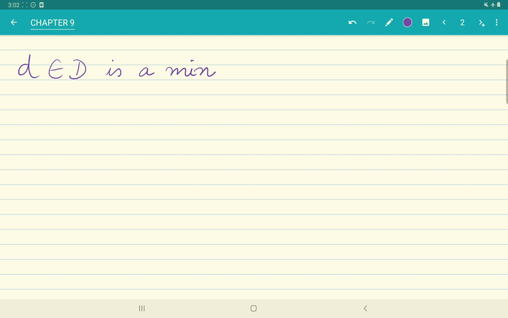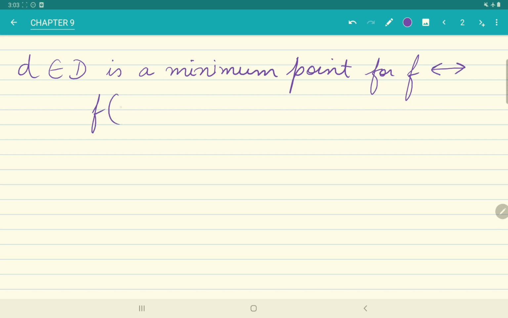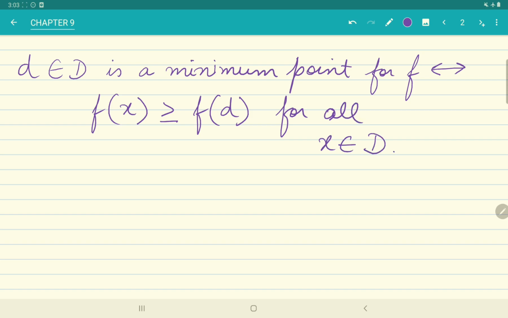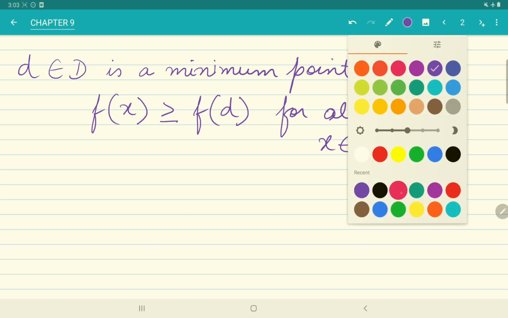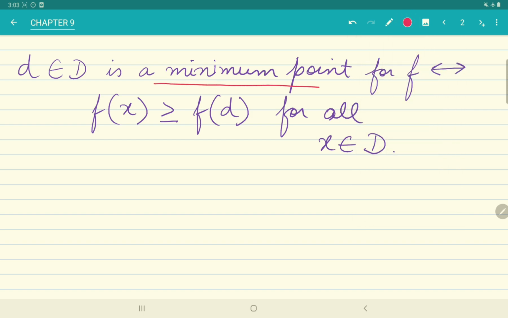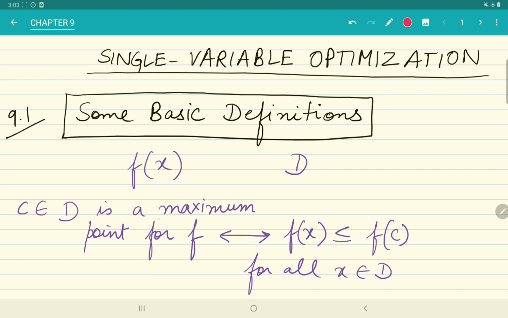So d belonging to D is a minimum point for f if and only if f of x is greater than or equal to f of d for all x belonging to capital D. Minimum point, and that's a maximum point.